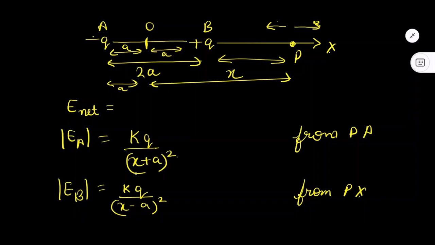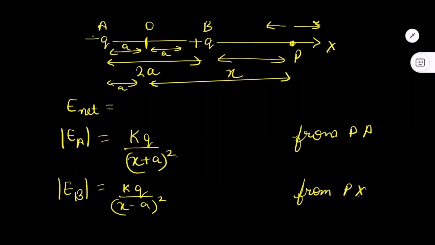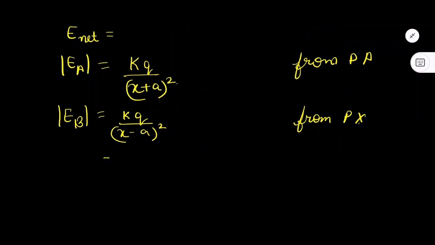Now we can see that since the distance of A is greater than B, the electric field magnitude of B is greater than the electric field of A, right?